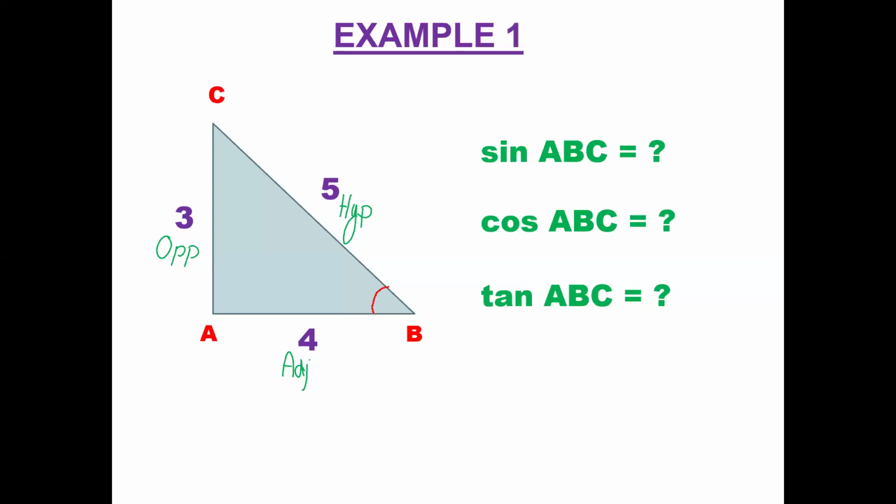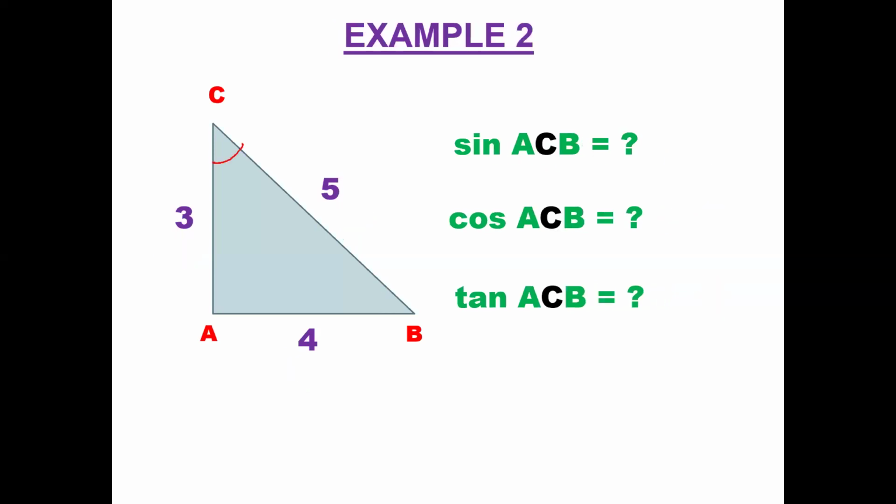Good. And cos is adjacent over hypotenuse. Okay, tan is opposite over adjacent. Good. Perfect.